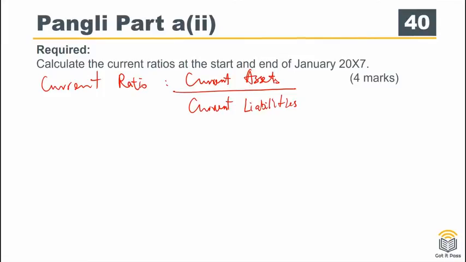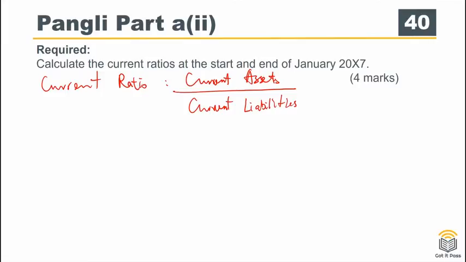So one of the key ratios that they are looking at is the current ratio, and we are required to work on the start and the end of January for the company Pangli.